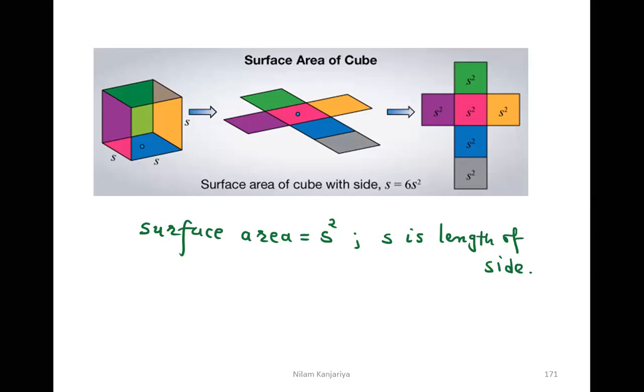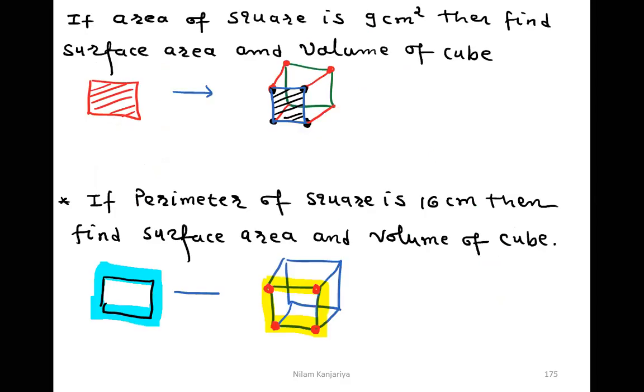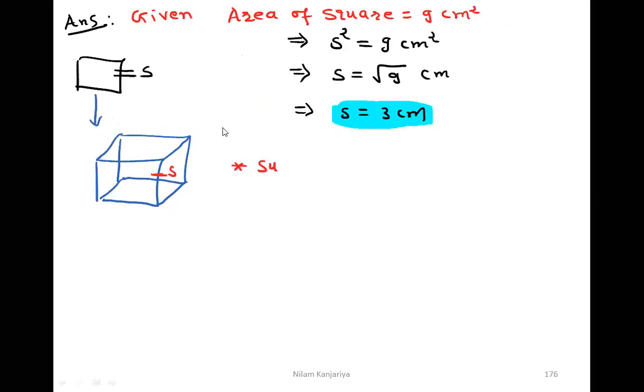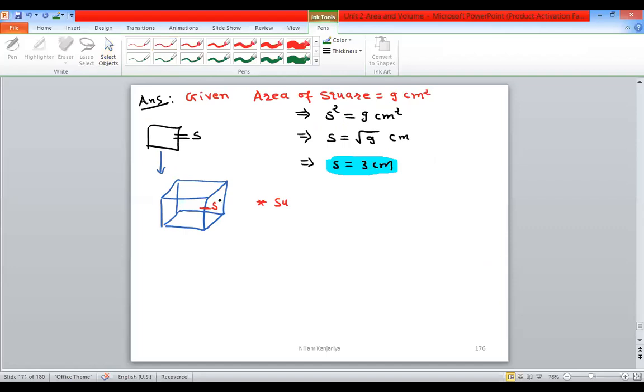I got the length of side by converting the square into the square root. So now surface area's formula: S is 3 centimeter here. So surface area is equal to 6s square. In 2 dimensions, student, we can use the length of side as A. It's not every time you take the A as unknown numbers.